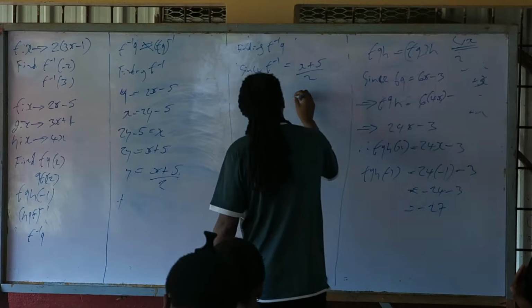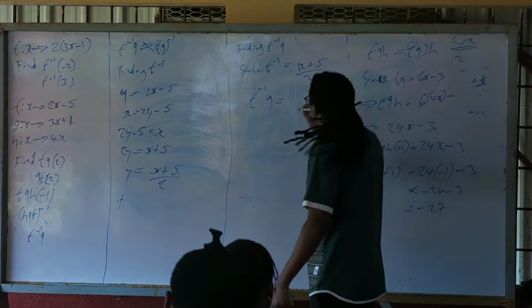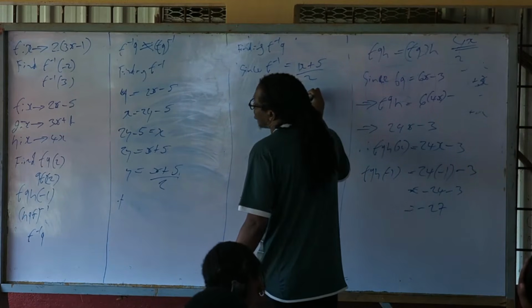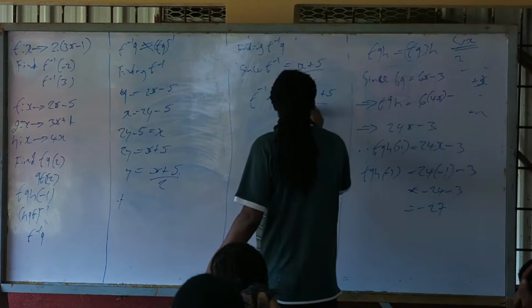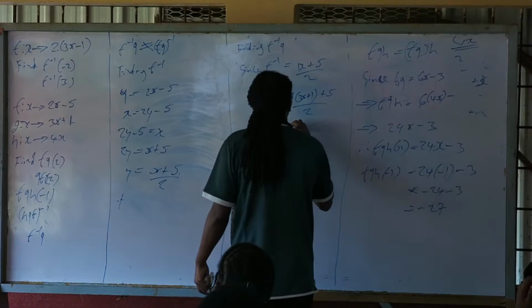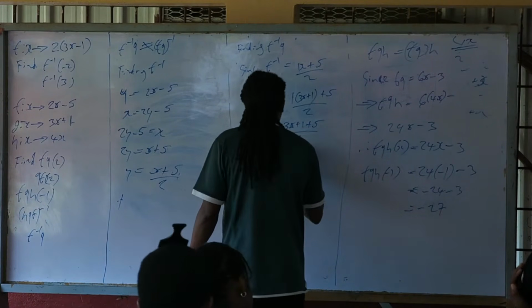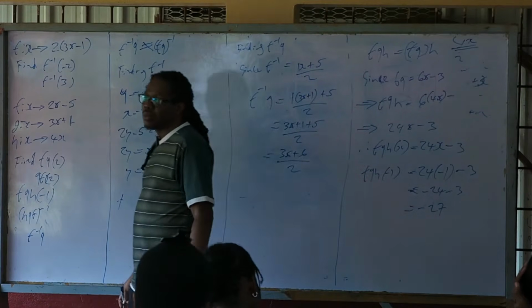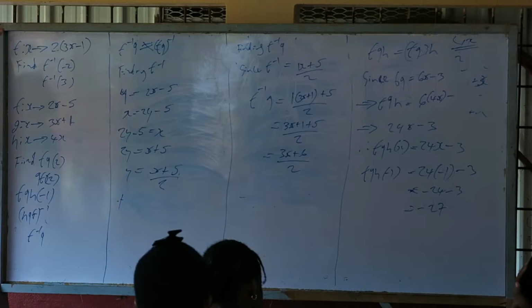So that means that this is 1 bracket 3x plus 1, plus 5 over 2, which equal to 3x plus 1 plus 5 over 2, which equal to 3x plus 6 over 2. Everybody see that? Everybody understand that?